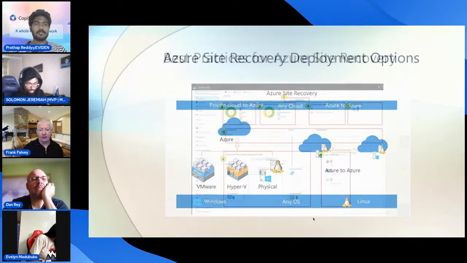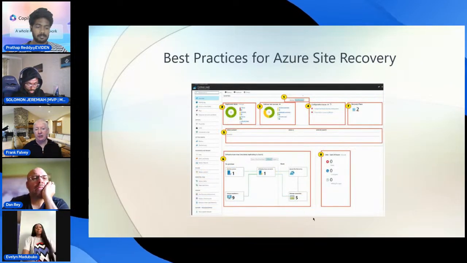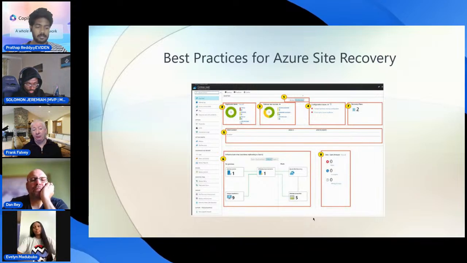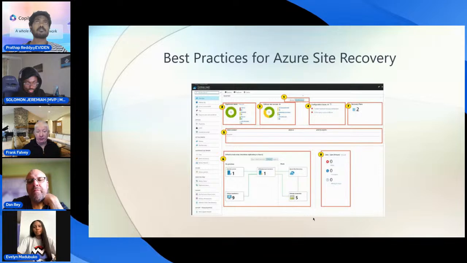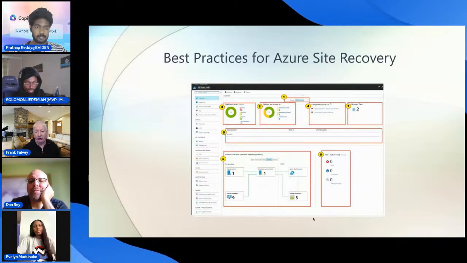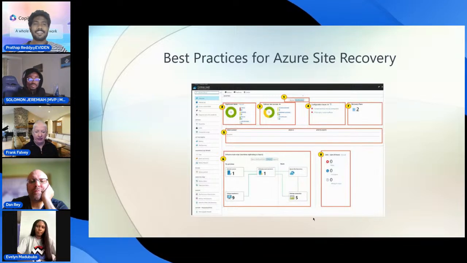Just moving on, these are best practices for Azure Site Recovery. You need to be testing your failover. You have to replicate your stuff, fail it over, fail it back, and make sure everything is working. Don't take it for granted, practice it all the time.